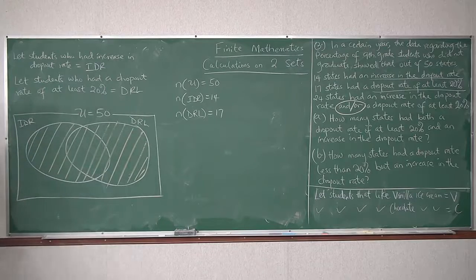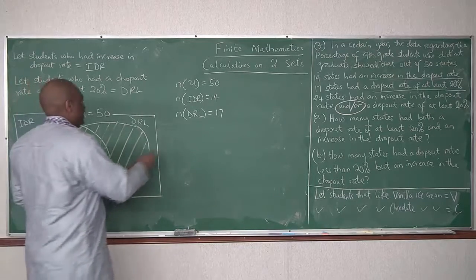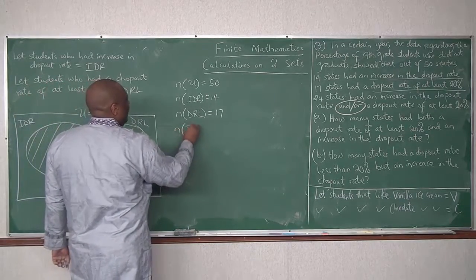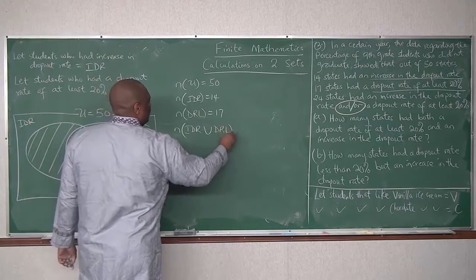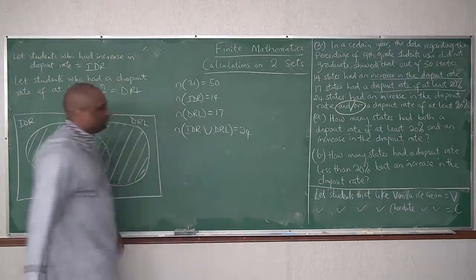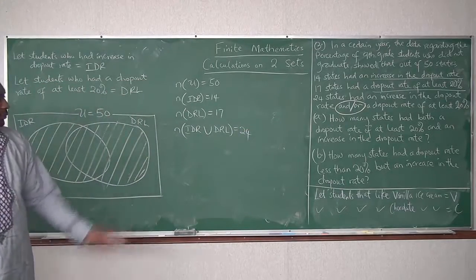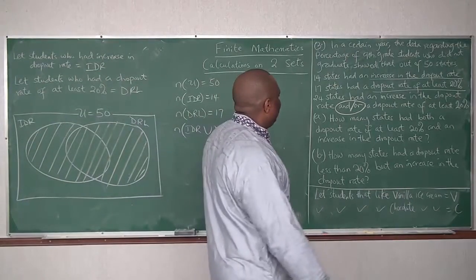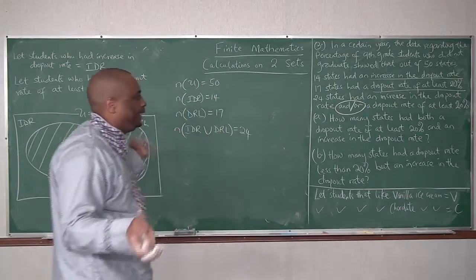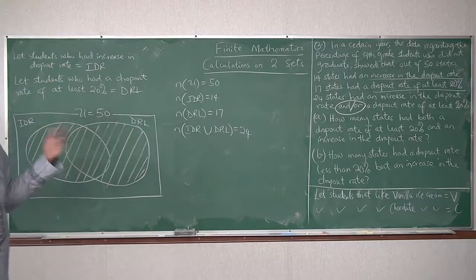So everything here is 24. So that tells you that cardinality of IDR union DRL is 24. That is what it tells you. Union, that is 24.